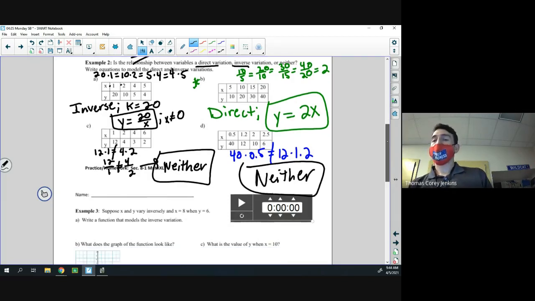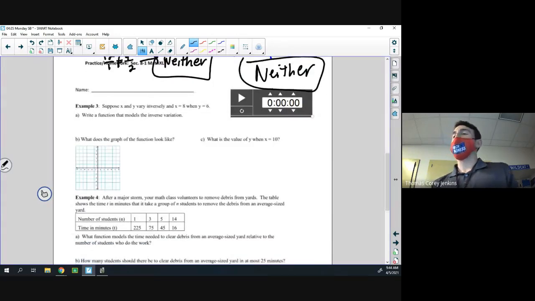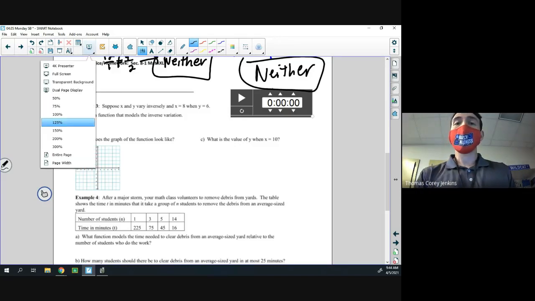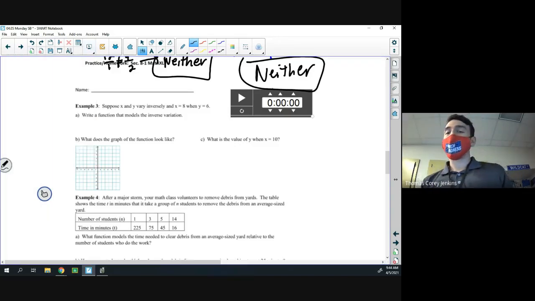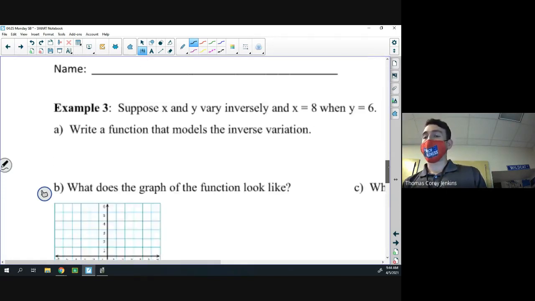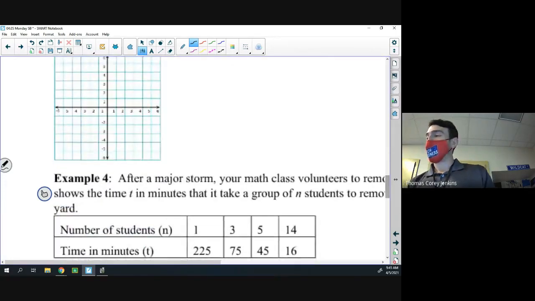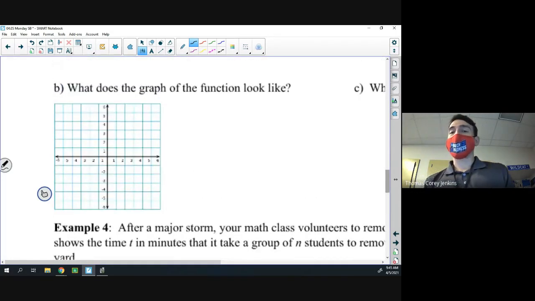Okay. So now looking at example 3, this is really the one that has a little bit of tie-in to what we do the rest of the chapter. It's on the back side, and this is where we're going to use our graphing calculator. One thing I want you guys to do, and I'm not sure why I gave you this kind of graph, but let's at least make it somewhat usable, and let's scale it by counting by 2s instead of 1s.